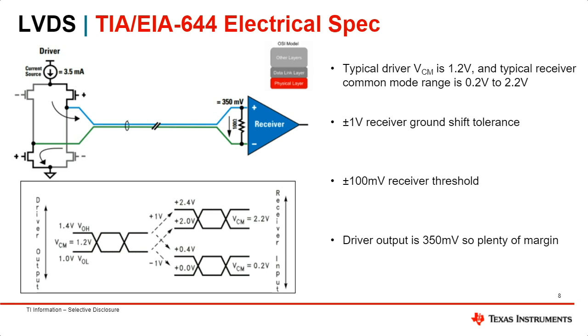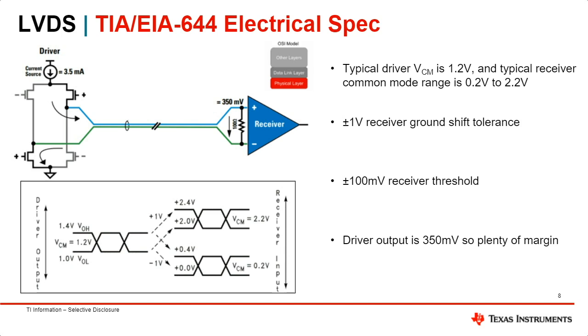The next component I'll talk to has to deal with the common mode voltages for LVDS. And I'll direct your attention to the table in the bottom here. So LVDS drivers will output at a common mode voltage of 1.2 volts, whereas LVDS receivers can accept common mode voltage ranging from 0 to 2.4 volts.